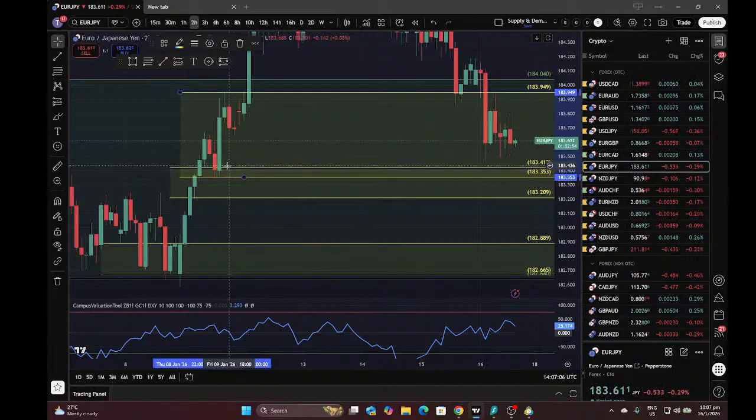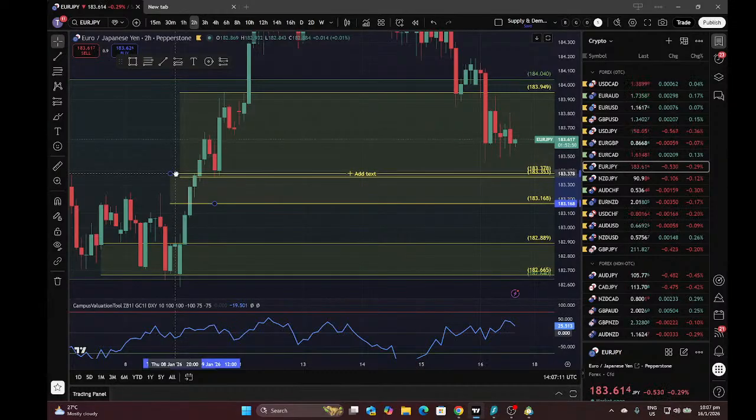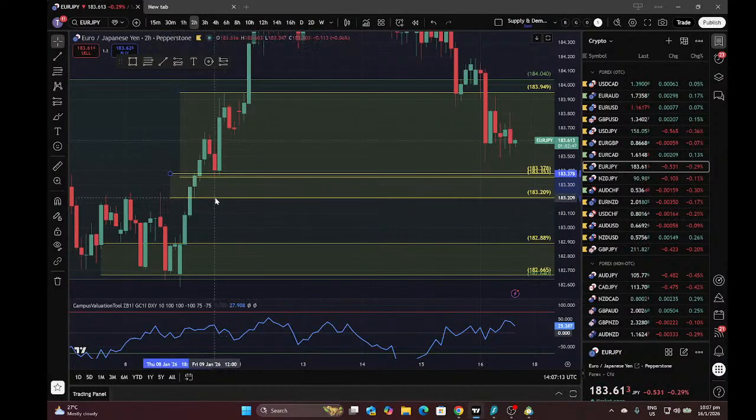When we go lower, we are able to see that we could actually fine-tune this zone here, but it's already been mitigated, so we have to go all the way down. Yeah, so we still don't see a good zone at the end here, and in the 2-hour time frame, I don't see any potential trades.